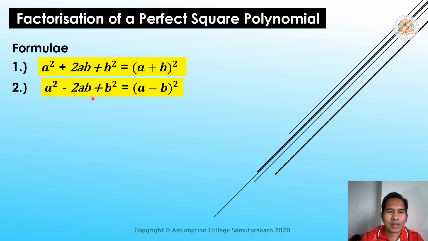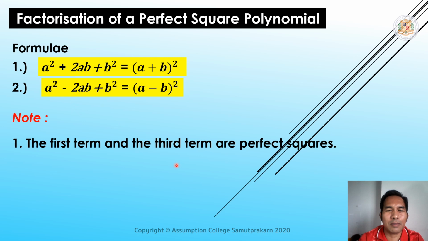And again, the first term is a perfect square. The third term is a perfect square, while the middle term is twice the square root of a squared and b squared. So 2ab, twice ab. So take note: the first term and third term are perfect squares.